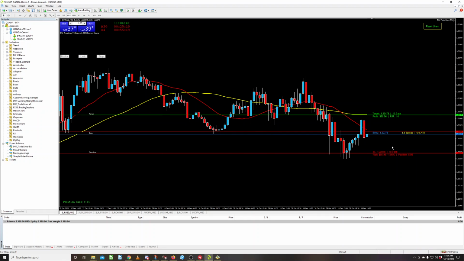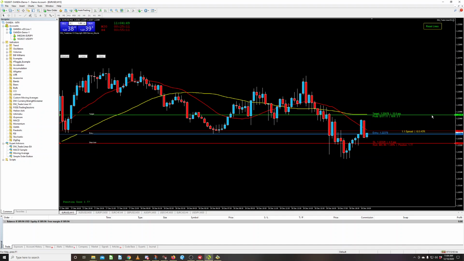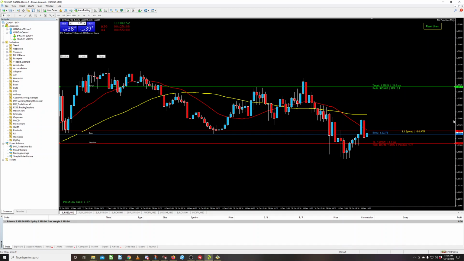There we go. So we're going to set up a trade here. We're going to move the stop loss up here. We think it's going to go all the way up to this pivot. I want to move this close to where my entry is going to be for a market order.